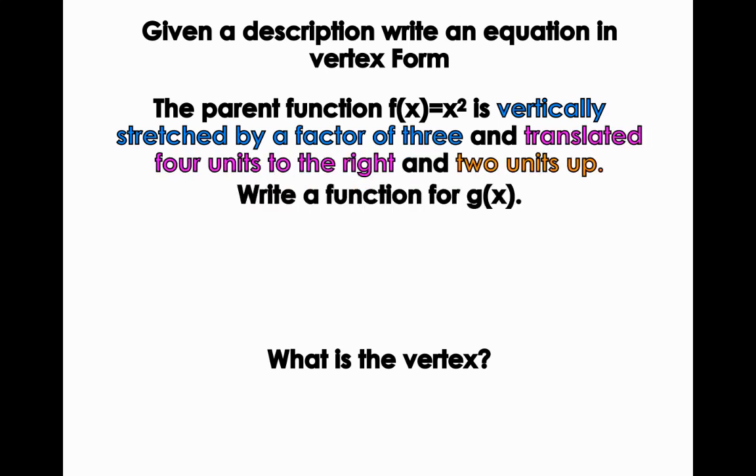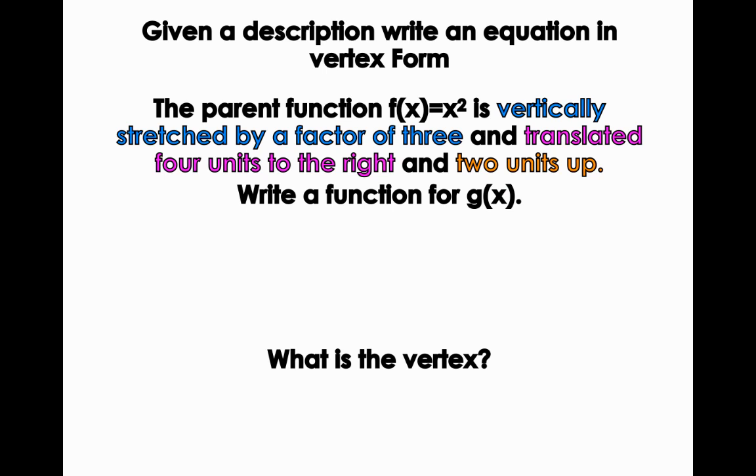And then also it's important that we're able to write an equation in vertex form when we're given the description. So you always start from your parent function, actually you don't always start, but most of the time we'll start from f of x equals x squared, is vertically stretched by a factor of 3, translated 4 units to the right and 2 units up. So that means I don't have a reflection, so I don't have a negative.